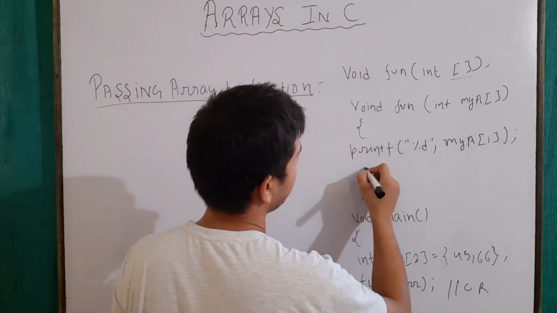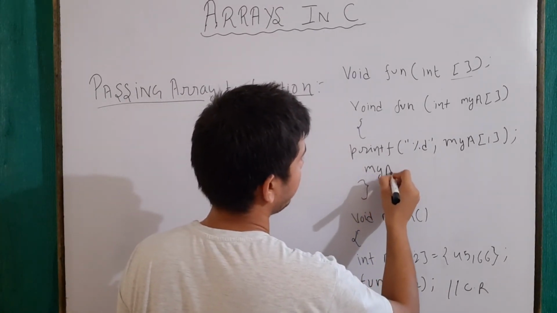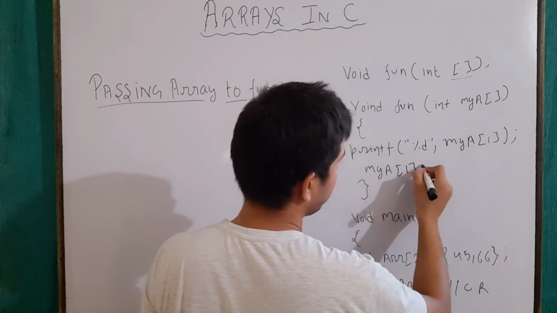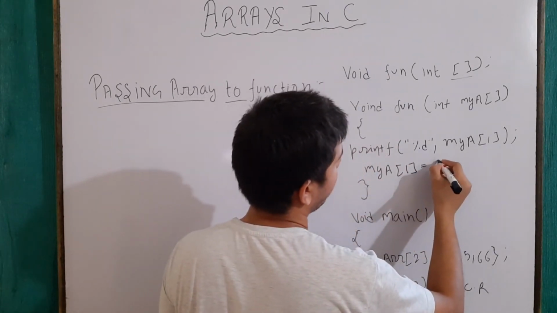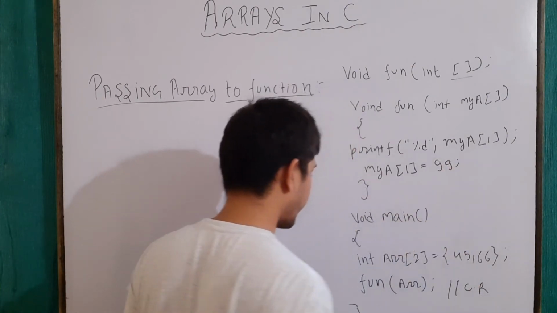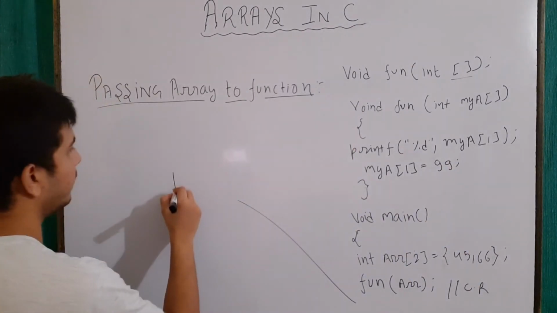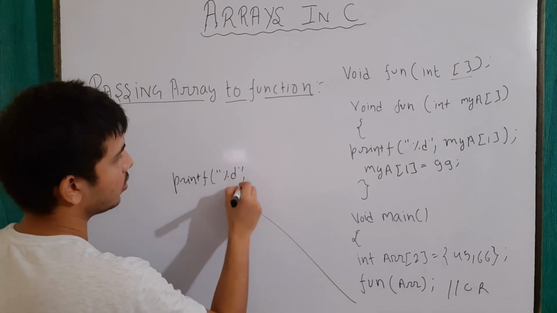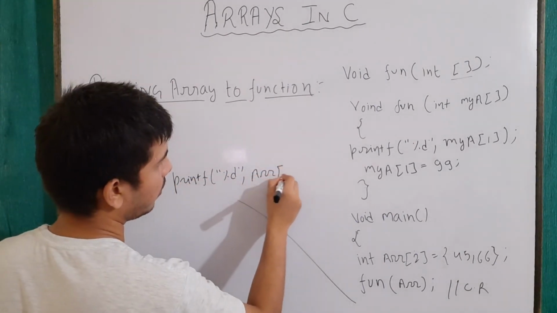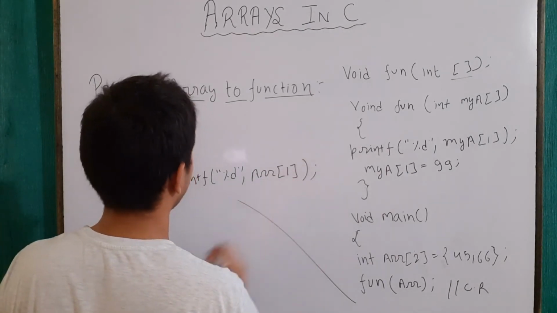Now if I change here, let's say I am changing the second element, the first location, to 99, and then I write printf of %d array of 1, right?